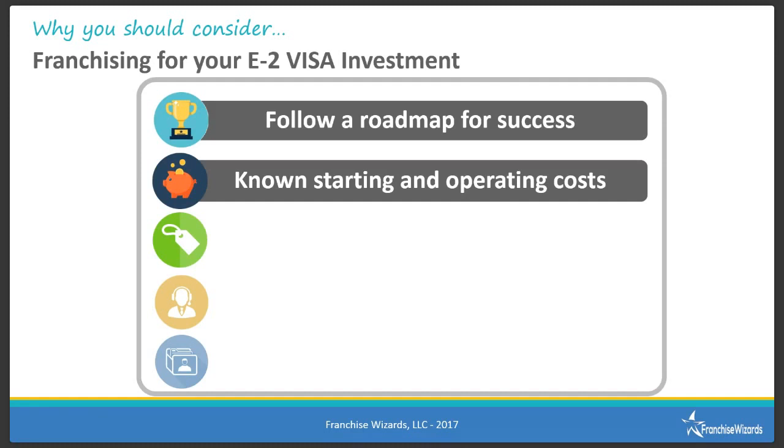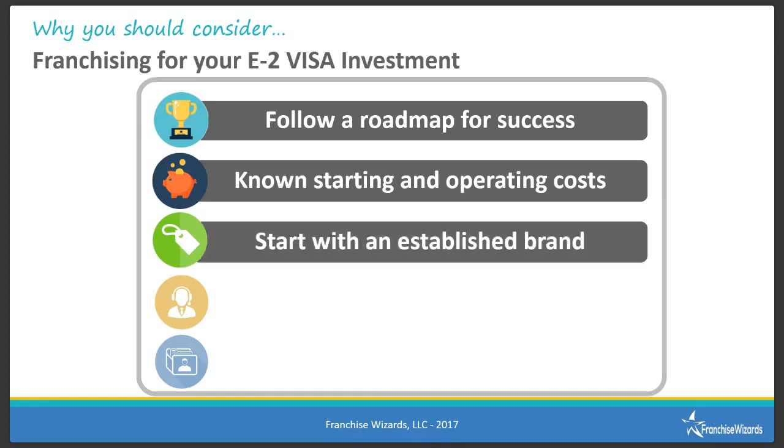That will tell you the breakdown of all the costs associated with your initial investment, as well as the monthly costs to operate the franchise. So you have a very good knowledge rather than starting your own business for the first time.